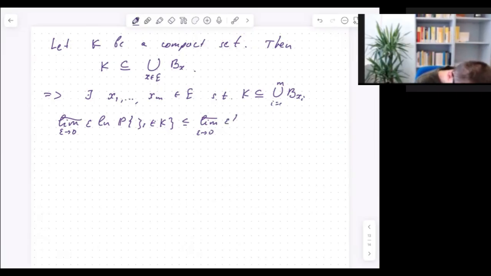It is epsilon logarithm of the probability that psi epsilon belongs to the union. Then using the sigma additivity of probability measures, you can write epsilon logarithm, and then we will have here the sum.